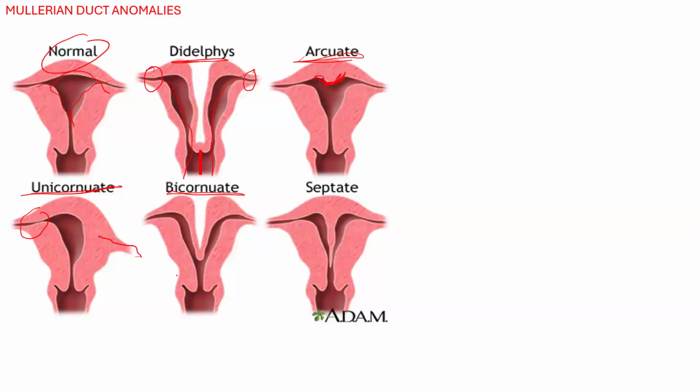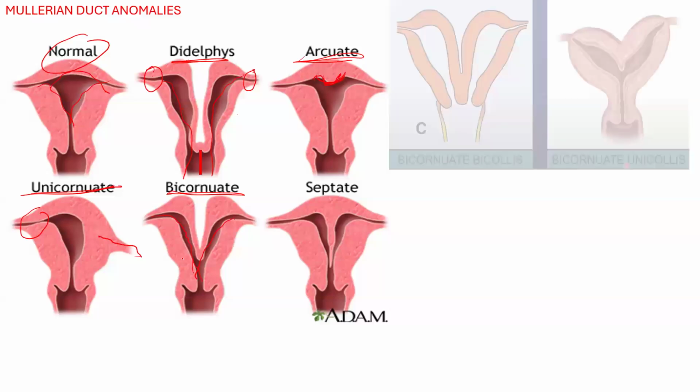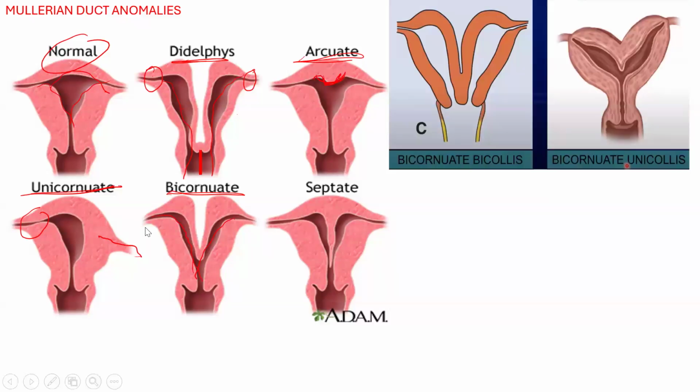In this one, it's a bicornuate uterus. What happens here is that the two Müllerian ducts fuse, but incompletely. There is incomplete fusion of the lower part of the Müllerian ducts. As shown here, a bicornuate uterus can be of two types.